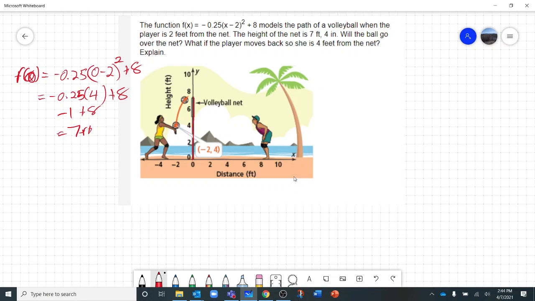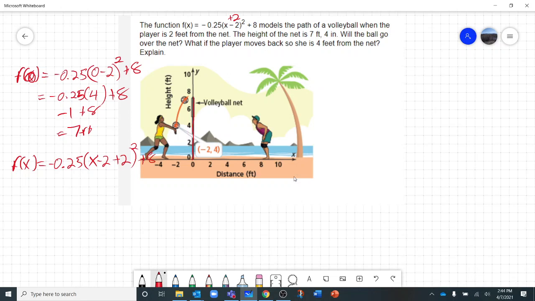And if you remember our transformations of functions, if we move her back 2 feet, then we're going to add 2 to the x part of our function, right? So f of x is equal to negative 0.25 times, instead of x minus 2, it's going to be x minus 2 plus 2, because we're moving in the negative direction, squared plus 8.